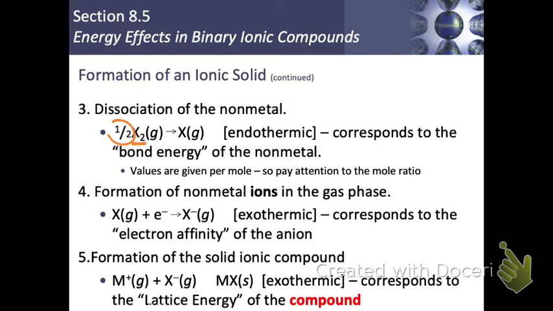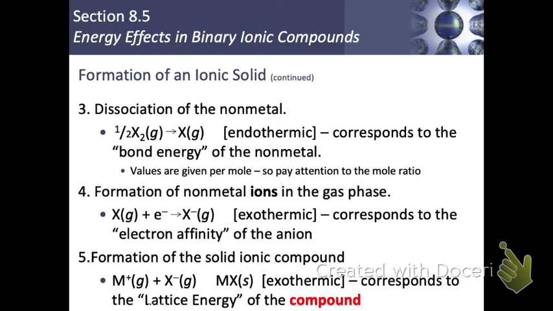You'll see this 1/2 up here to represent 1/2 mole, and when we separate it, that leaves us with just X, because 1/2 of X2 is just X. So we get it to be just the element by itself and not part of a diatomic.